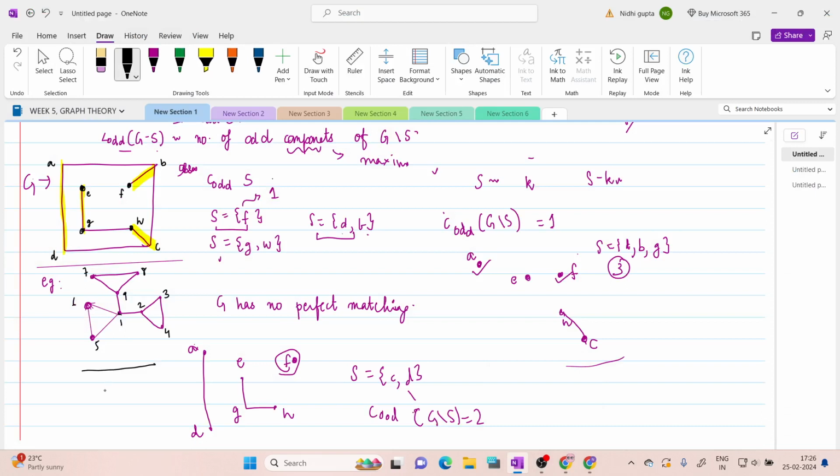If we remove vertex number 1, how many odd components are we getting? I think two, ma'am. Yes, because if we remove 1, then the resultant graph is this, and we have two odd components. The number of odd components of G minus S is 2, so the condition for Tutte's theorem is not satisfied. Therefore, we can say that this has no perfect matching.